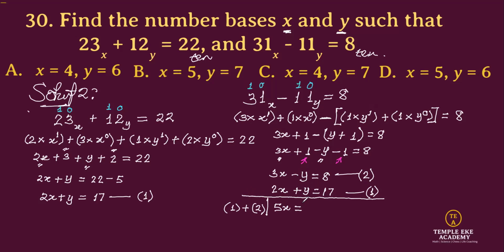So we can have an ordinary linear equation in one variable. 8 plus 17 gives us 25. And by dividing both sides by 5, we have x equals 25 divided by 5, which gives us x equals 5, because now 5 can divide into 25 5 times.